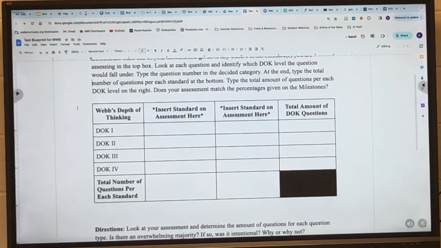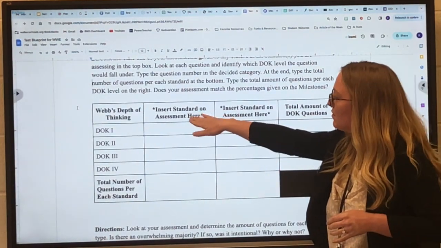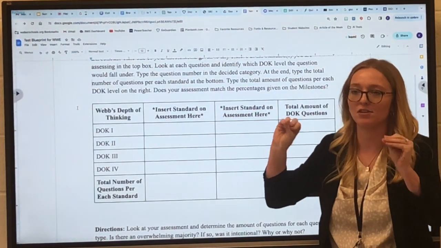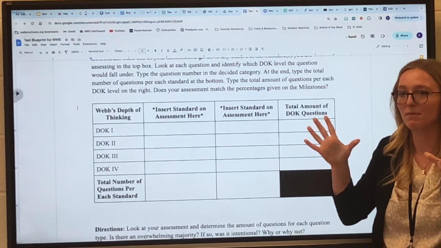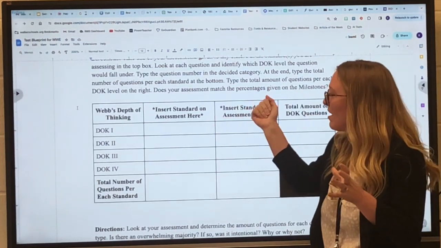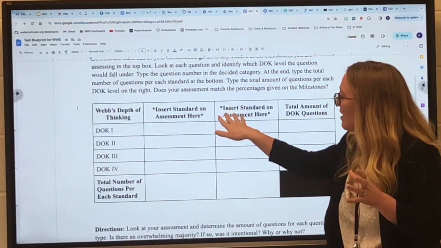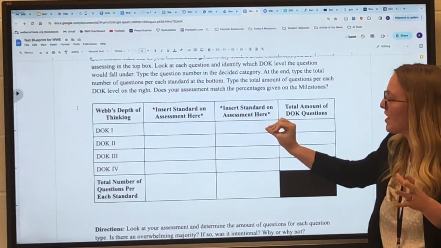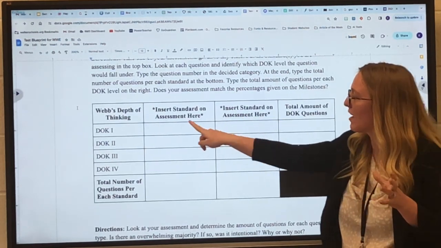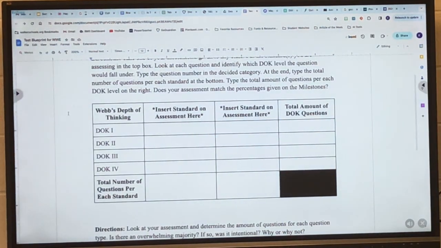So the way it works is you'll just put your standard here if you want. Some people have multiple standards on their test. For me personally, usually I'll have maybe 1 or 2. But what you do is you go through your test questions and type the number in. So if number 1 was a DOK 3, I'd put it here. If number 2 was DOK 2, I'd put it here.